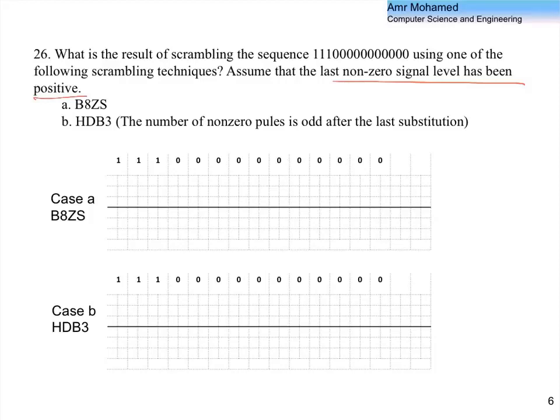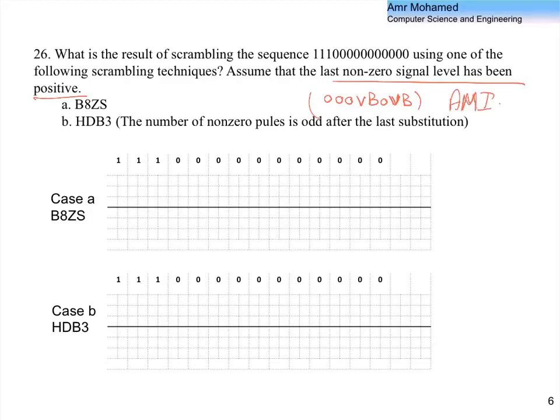So remember, for B8ZS, we substitute each 8 zero bits with the pattern 0, 0, 0, then violate, B, 0, violate, B. This is for, of course, AMI, the alternate mark inversion.